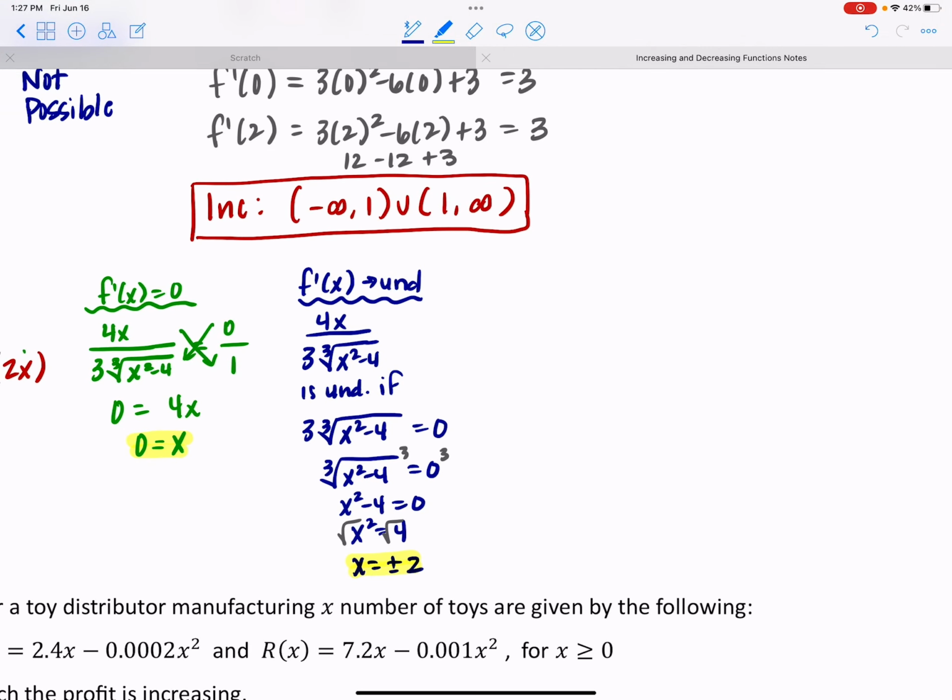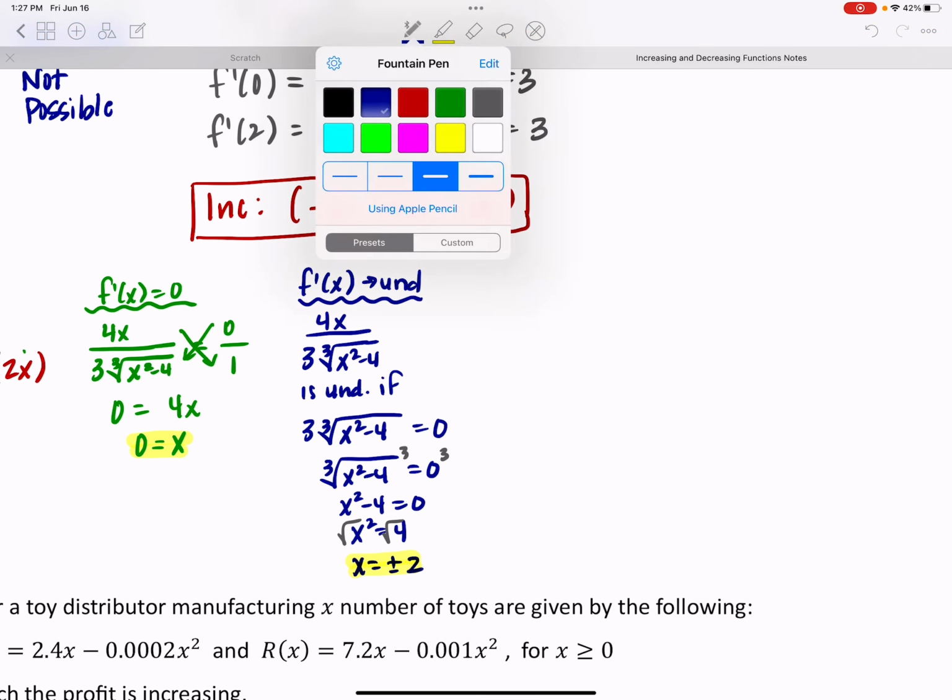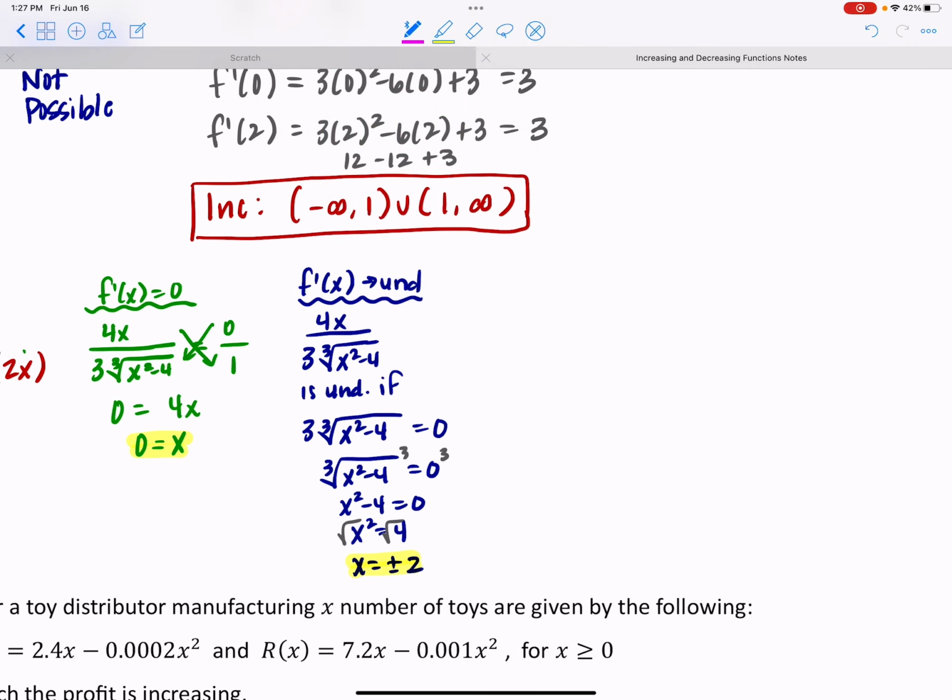So I have to test several things here. Let's make our number line. Okay, so I have negative 2, 0, and positive 2 on this number line as critical numbers. So at those places, our slope is 0 or undefined.